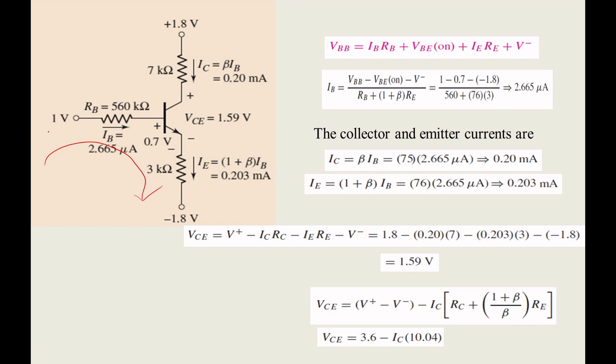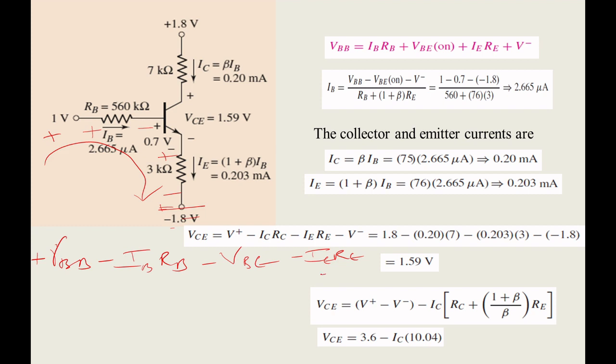How? Start from here. I will write plus VBB, entering at a plus, leaving at a minus. So what will we get? Minus IBRB, entering at a plus, leaving at a minus. So minus VBE, entering at a plus and leaving at a minus. So minus IERE, entering at a plus and leaving at a minus.